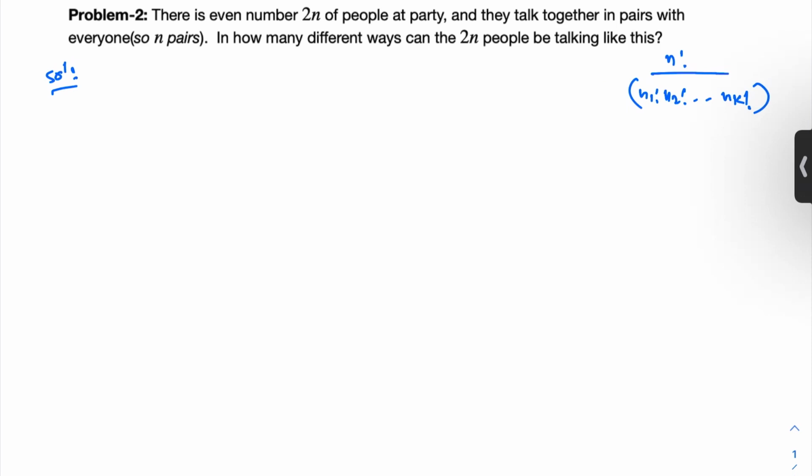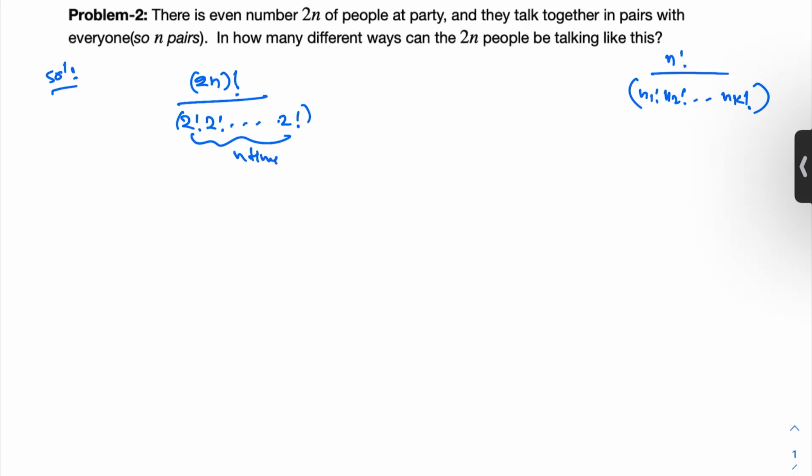So here we have 2n people and we have to divide them into n groups of size 2, 2, 2. All groups of the same size. These are unlabeled groups. So if we apply the formula for unlabeled groups, we will have 2n factorial divided by 2 factorial times 2 factorial and so on, 2 factorial, n times.